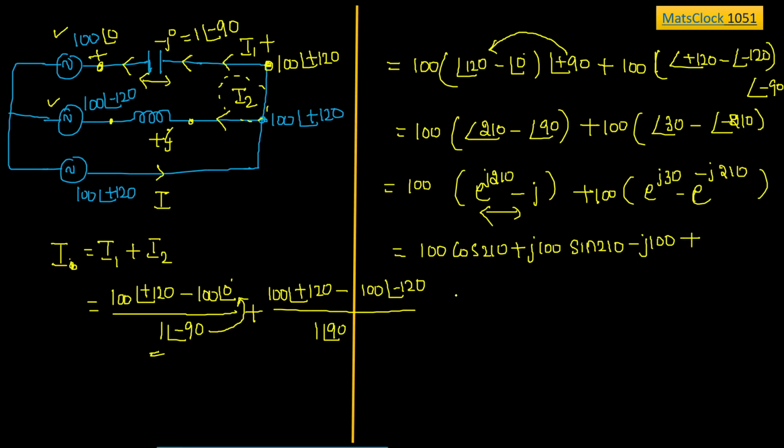Again, with the second expression, I can write like this: 100 into cos 30 degree plus j times 100 into sine 30, and then minus 100 into cos 210, then plus j into 100 into sine 210. Guys, just observe here.